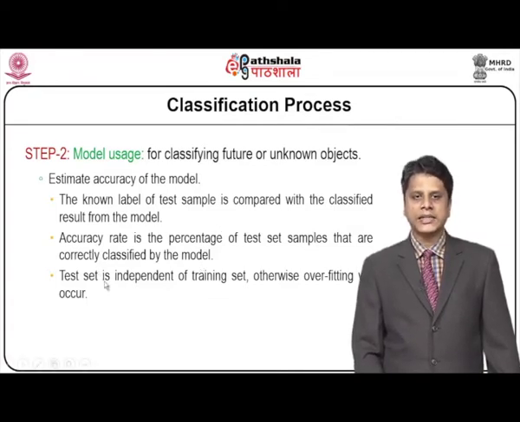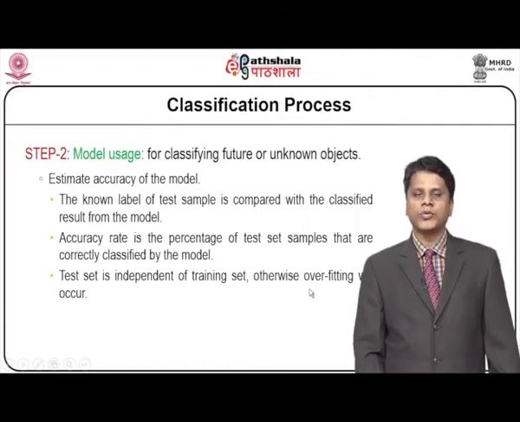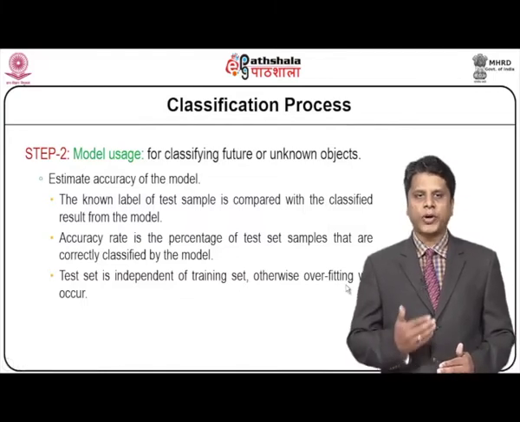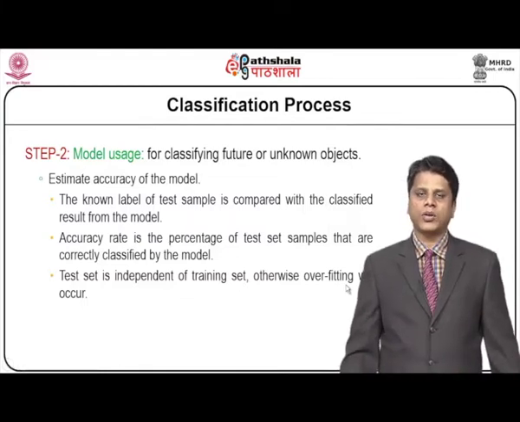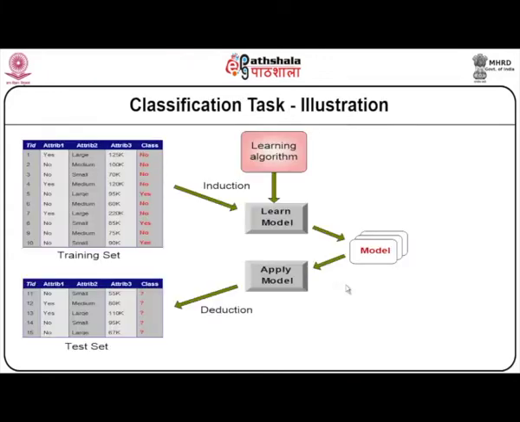The test set must be independent of the training set, otherwise overfitting will occur. Overfitting is a problematic situation which we will see. So, this is a simple model where we learn and try to apply it to the test set.